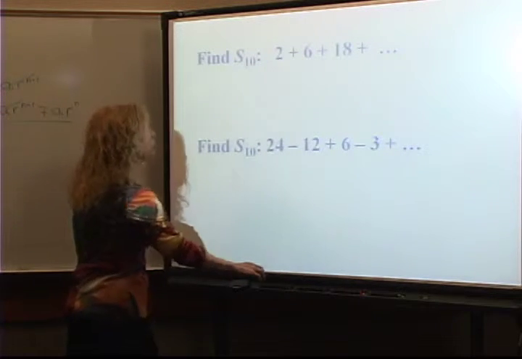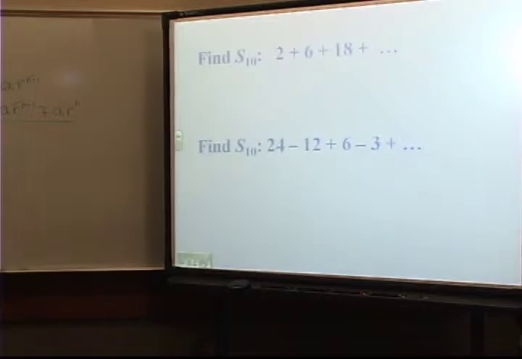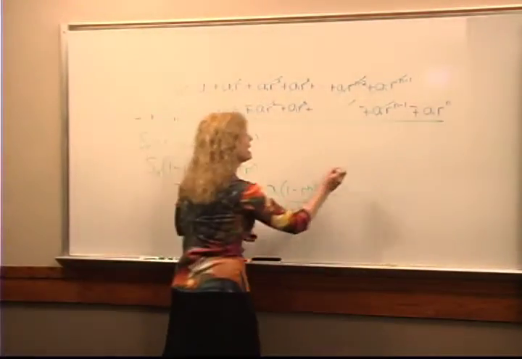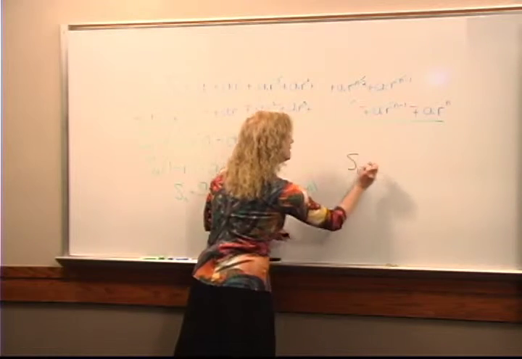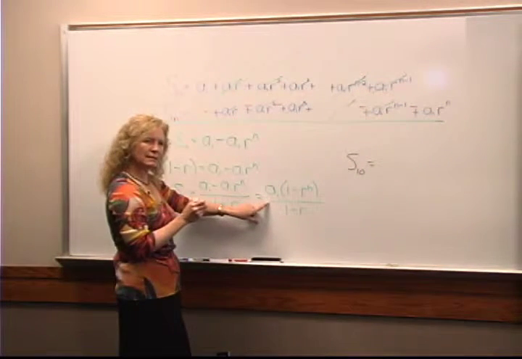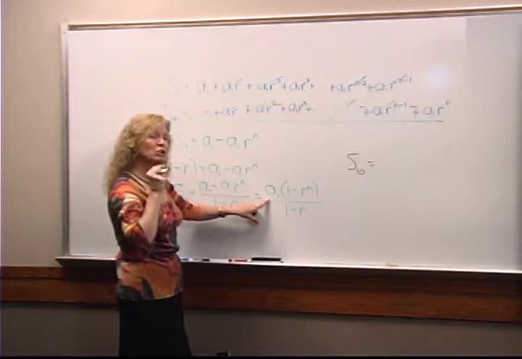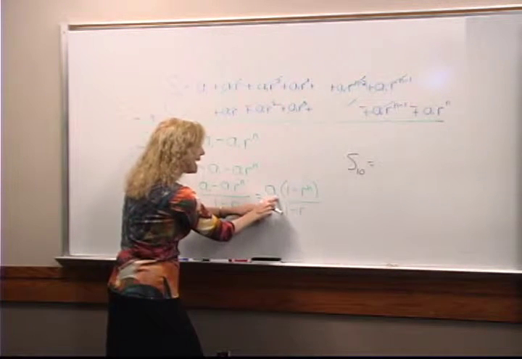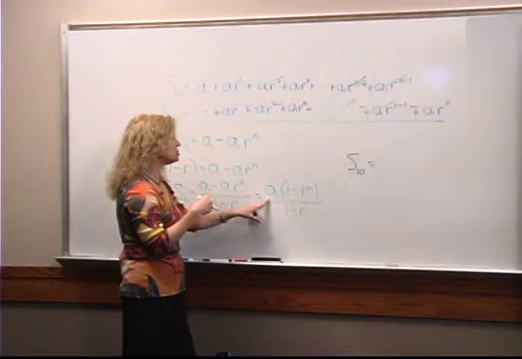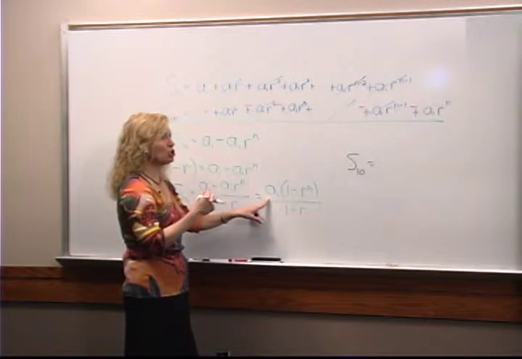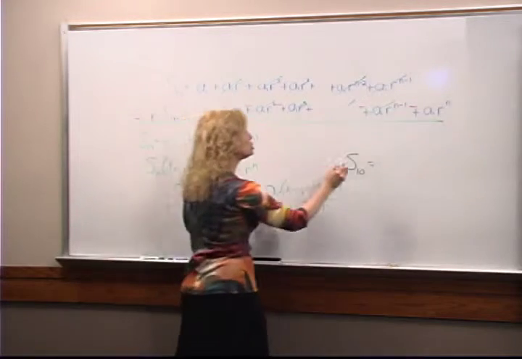Okay, so to find S sub 10, let's come over here. I'm going to say S sub 10 is, what's this a sub 1? It means your first term, because a sub n is what we use to denote the nth term. My first term is 2.